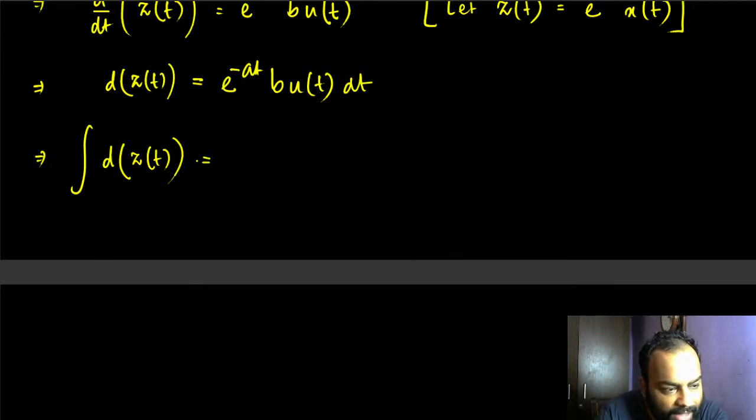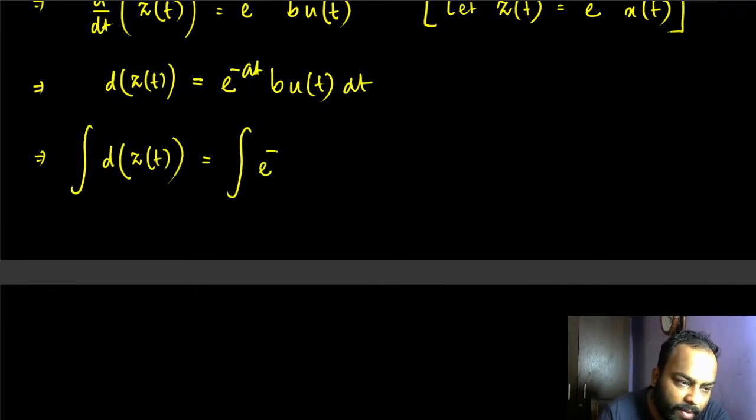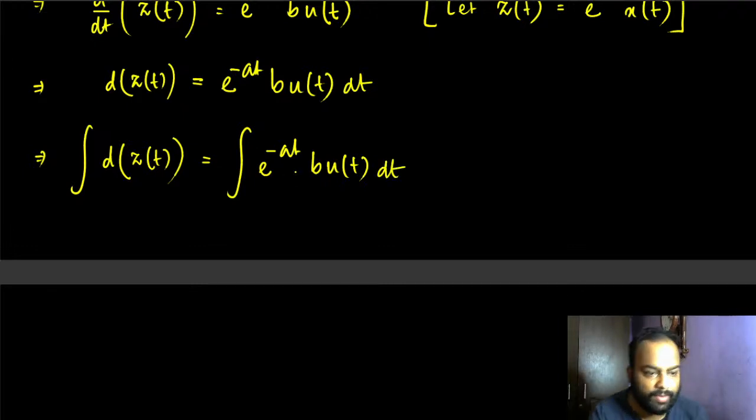And on the right hand side, we have e to the power minus a t, b u(t), dt. Any confusion there? No confusion, I hope.